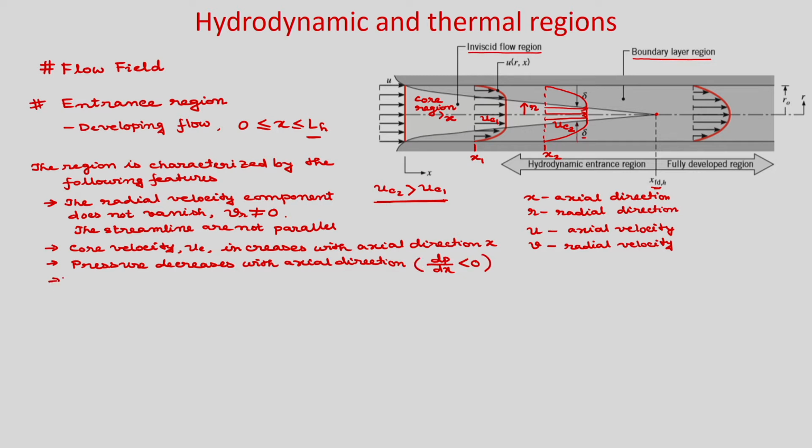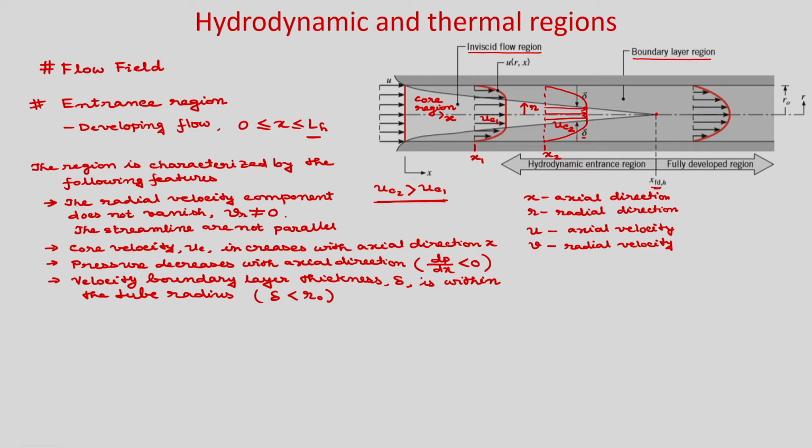And most importantly, your velocity boundary layer thickness delta is within the tube radius, so delta will be less than r naught in the developing region.